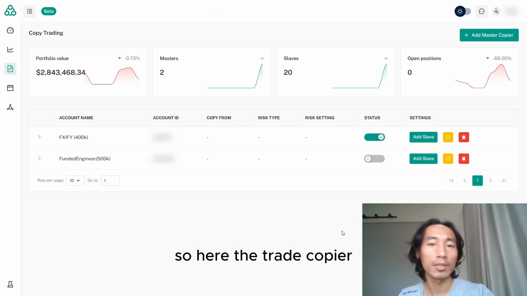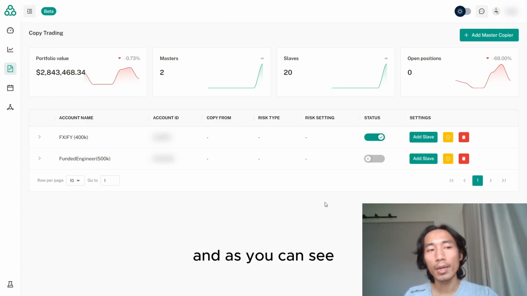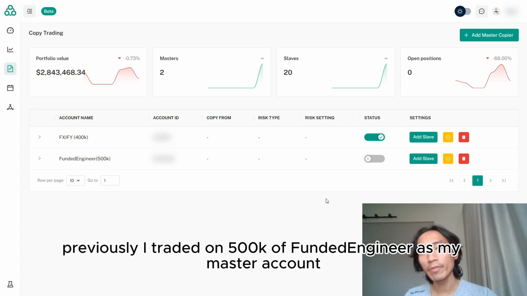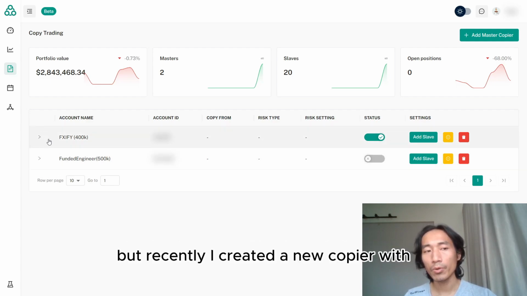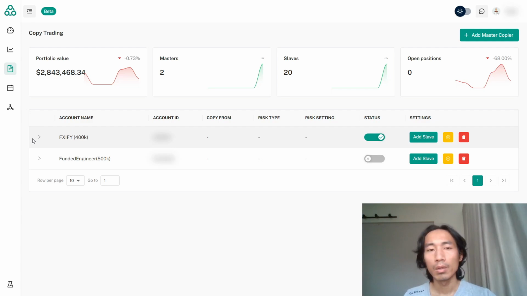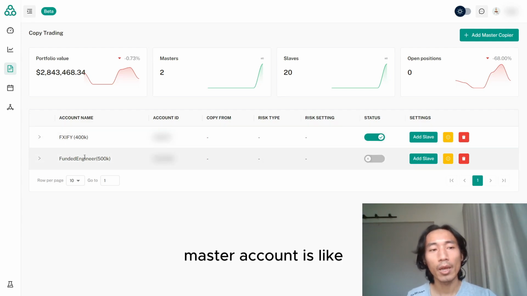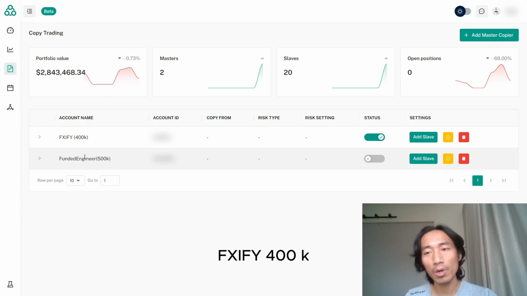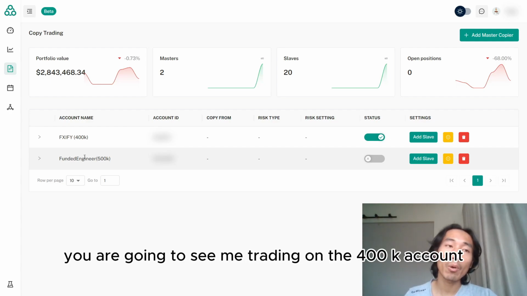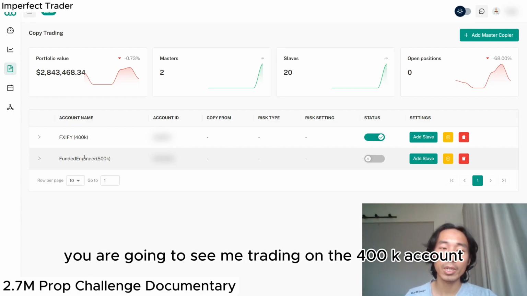So here is the trade copier, and as you can see, previously I traded on the 500k FTMO as my master account, but recently I created a new copier with the master account being FXify 400k. From now on, you are going to see me trading on the 400k account.